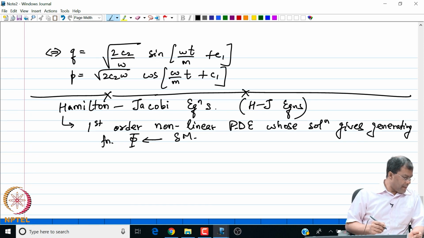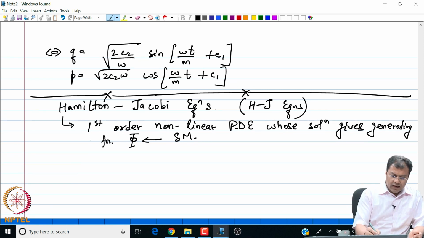Once we have solved the Hamilton-Jacobi equation, we can readily find the solution to the Hamiltonian via a set of implicit equations. So what I said is the following.